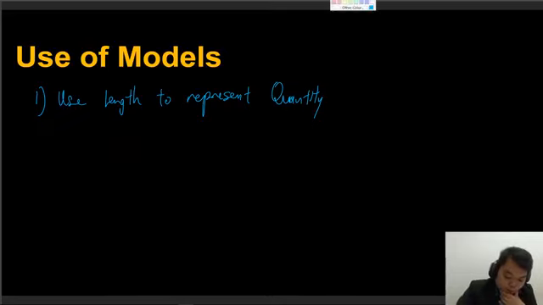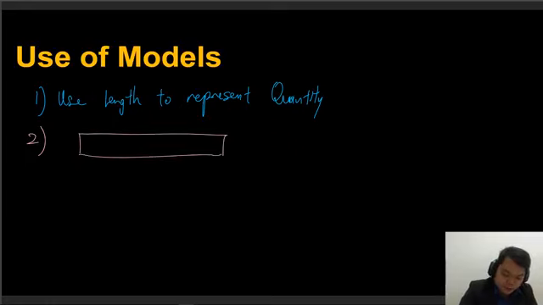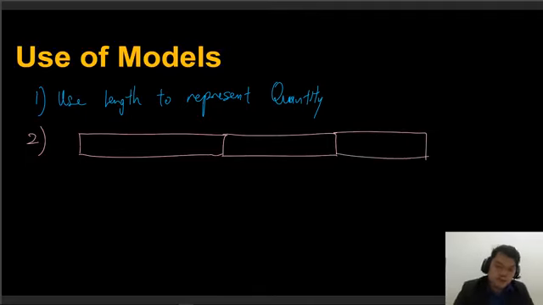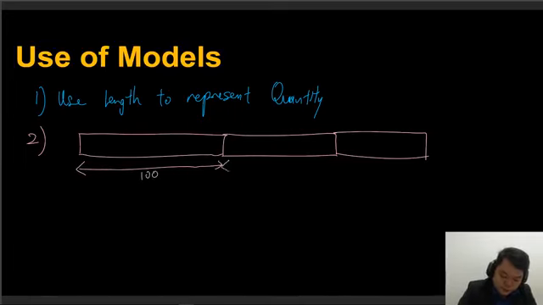So today I'm going to give you a different kind of proposition. Because when we use length to represent the quantity, we generally use these bars like this. Correct? So let's say this is 100 and this is 100 and this is 100.